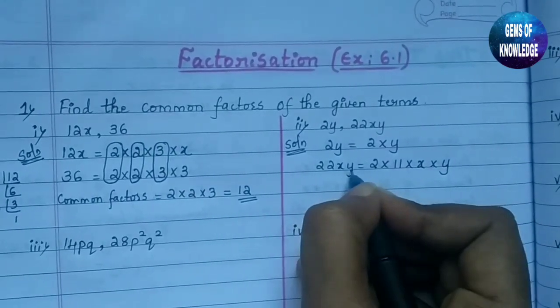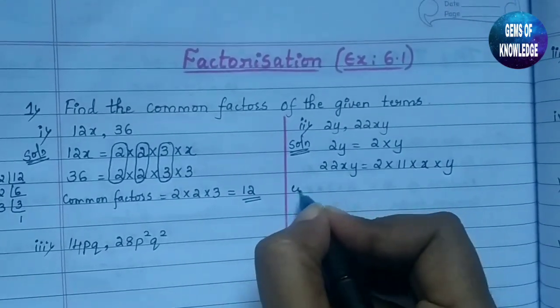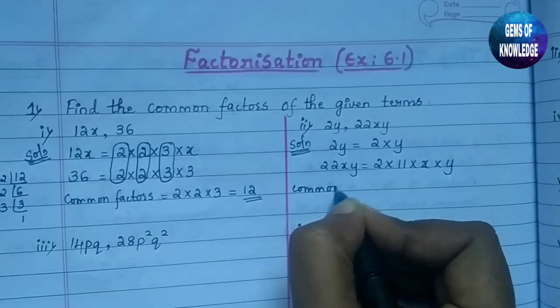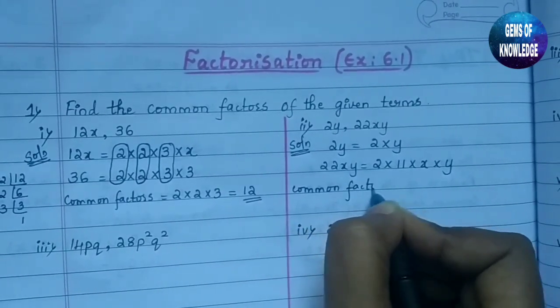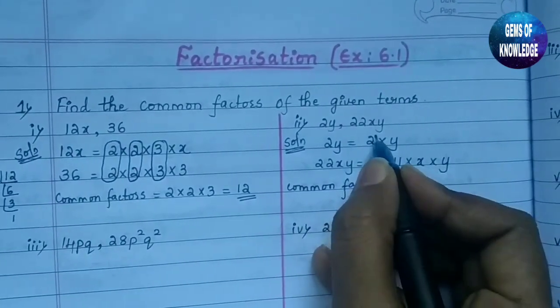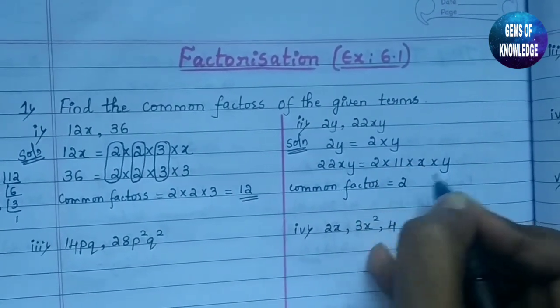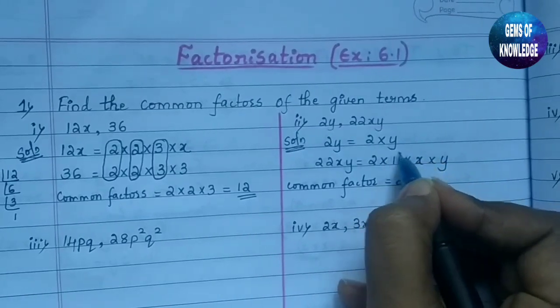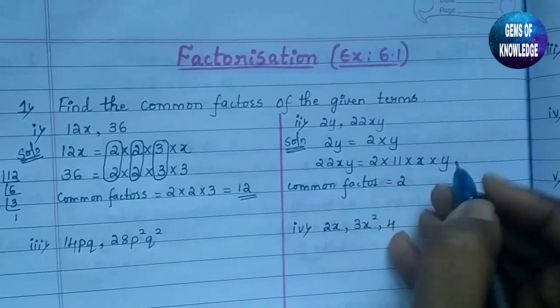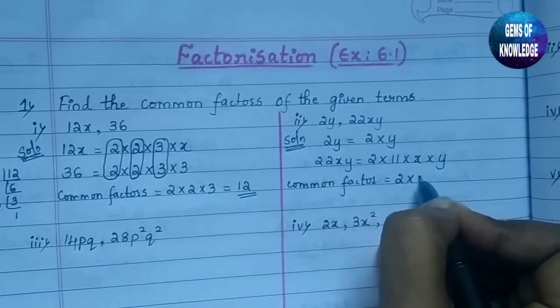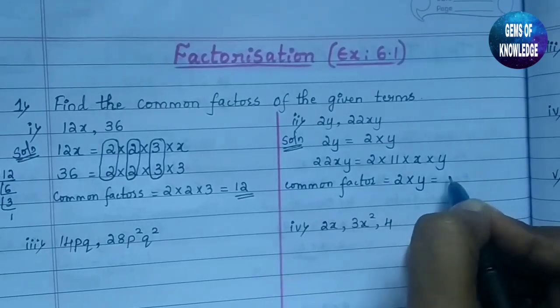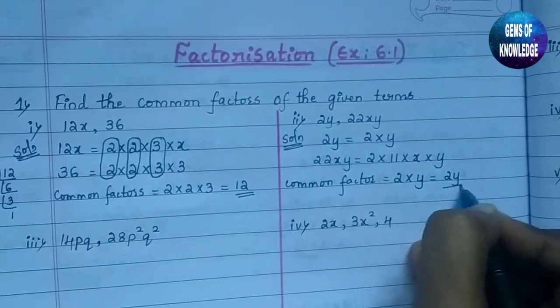So what is the common factor here? You can see 2 is common between these two, and y is common between both the cases. So 2 into y is the common factor, that is 2y.